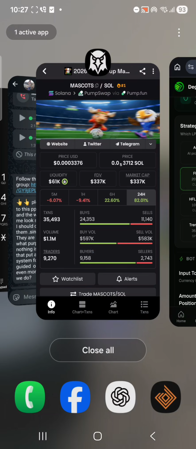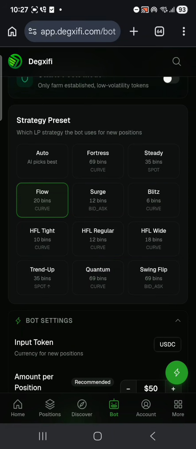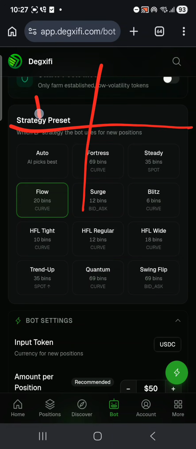Mascot is the base token because it's more volatile than SOL. So now 50% of the money in Mascot is divided into buy and sell. Let me just call it buy and sell here, for example. So as people are buying around this zone, what happens is that Mascot will be going up because people are buying Mascot, and you will be making more money in SOL.